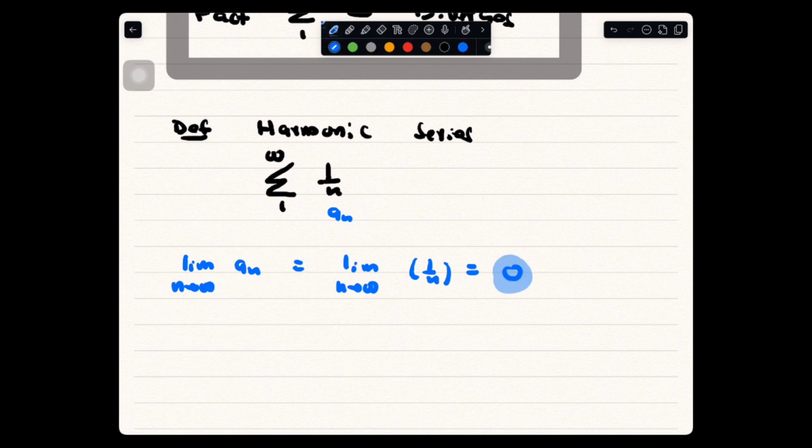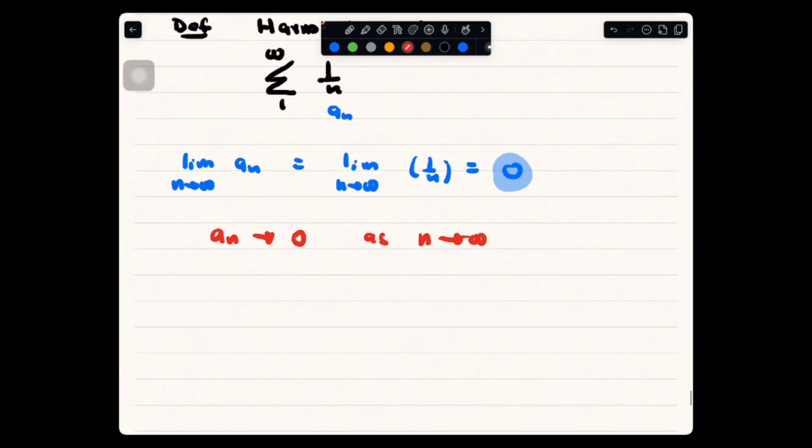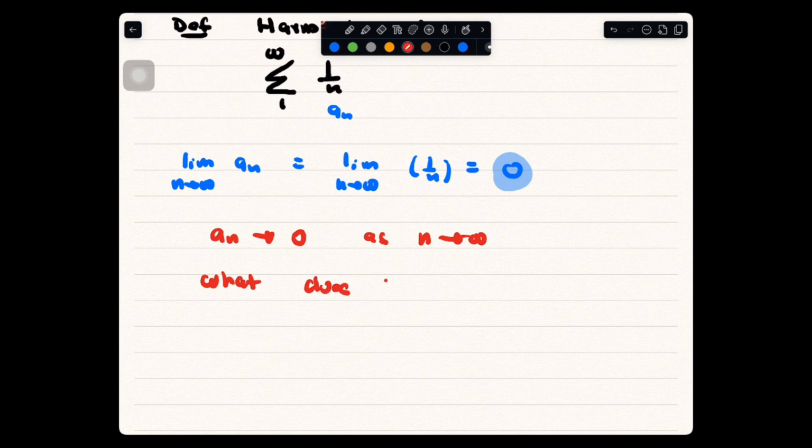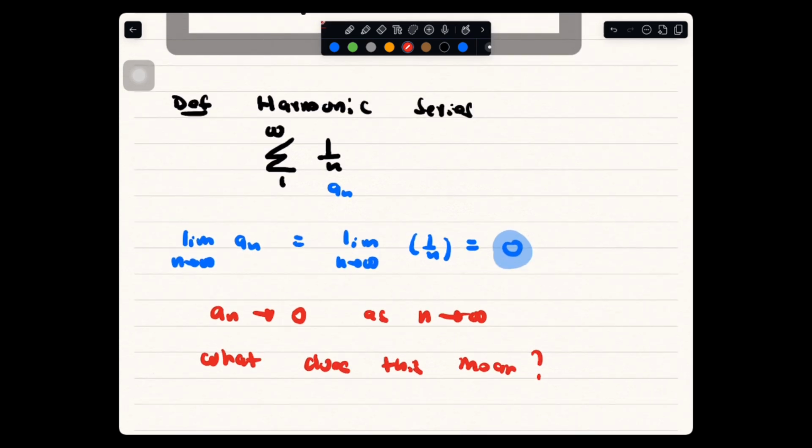So I'm going to put this in red. What does it mean if the limit of an goes to 0 as n goes to infinity?